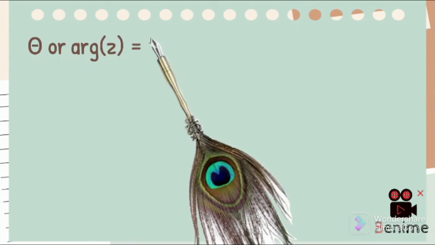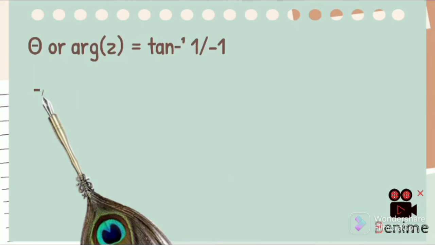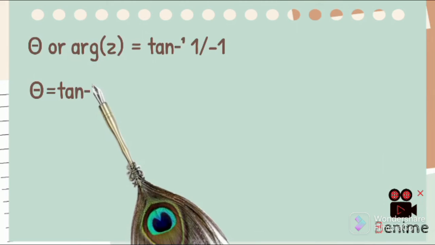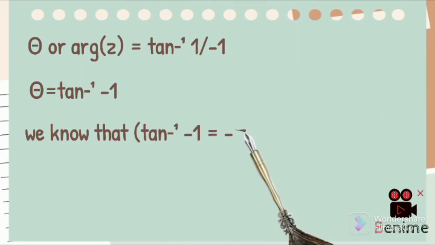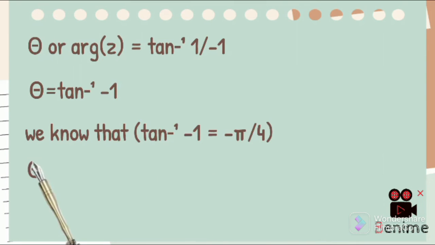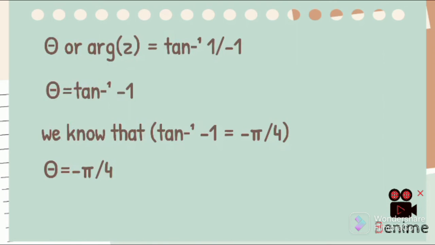Theta, or argument of z, equals tan inverse 1 divided by 1. Theta equals tan inverse 1. We know that tan inverse 1 equals pi by 4. Theta equals pi by 4.